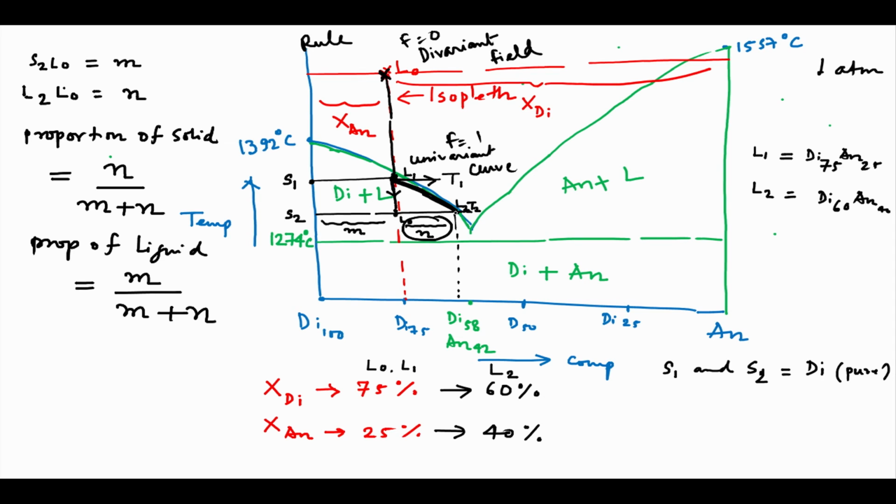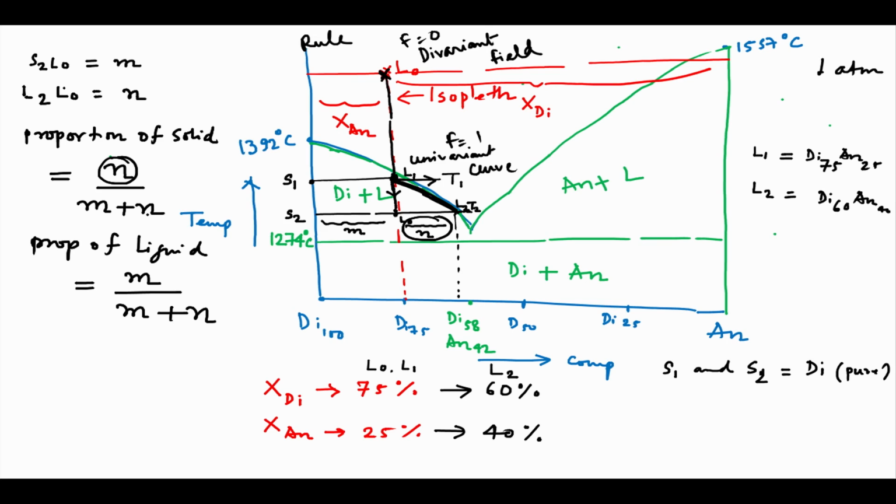When you go in the opposite direction, to the higher temperature, when you reach T1, you have almost 0% of solid, or just 1 grain of solid. So, basically this n is close to 0. So, proportion of solid will be almost 0, and your liquid will be almost 100%.